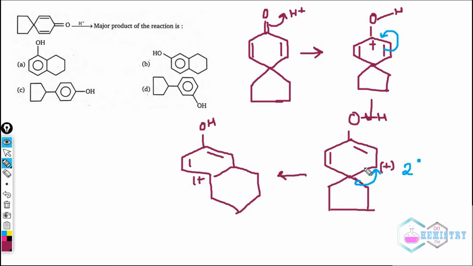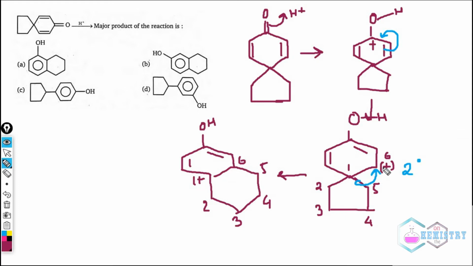Now how can we check that I have written this ring perfectly? Number the carbons: this is 1, this is 2, this is 3, this is 4, this is 5, and this is 6. So there will be a bond between 5 and 6, and the bond between 1 and 5 will break. So there is no bond between 1 and 5, and a bond between 6 and 5 has been formed.